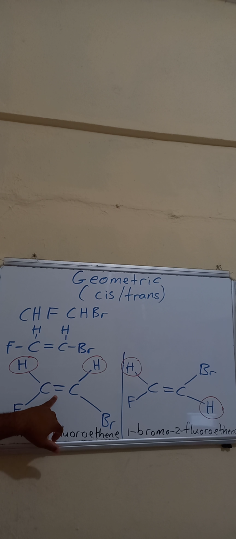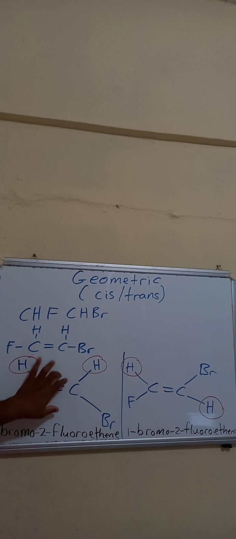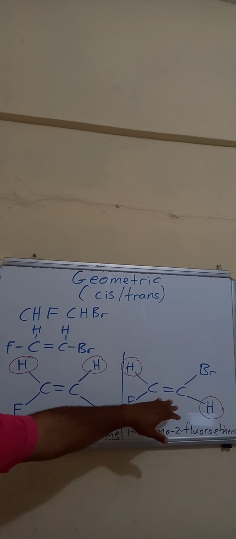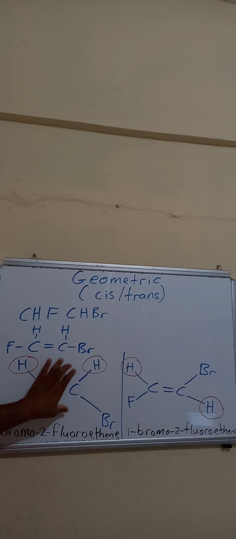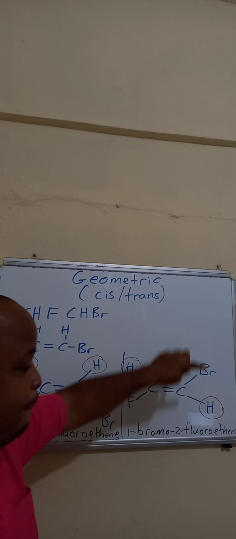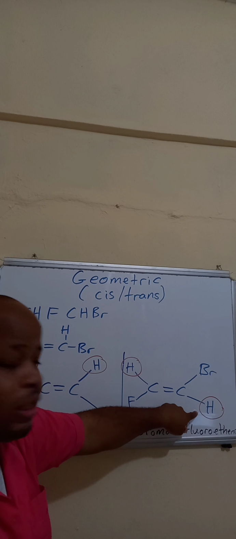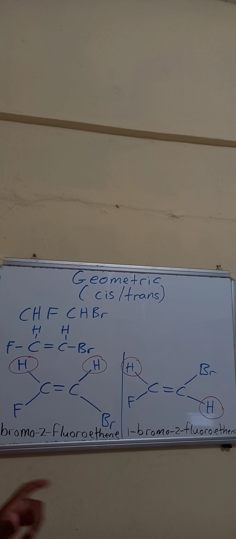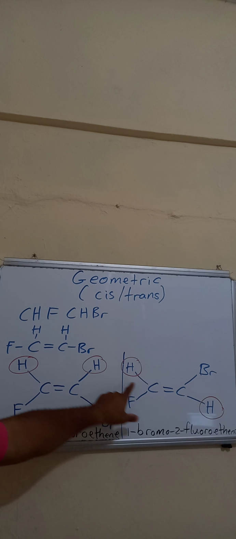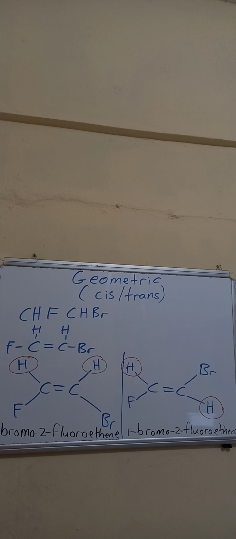The double bond restricts the carbon atoms from rotating. So this compound will not look like this one. The H will stay up here and the Br will stay down here. In this one, the Br will stay up here and the H will stay down here. So as you can see, the connectivity of the atoms is the same, but how they are arranged in space is different. That is why it's a stereoisomer.